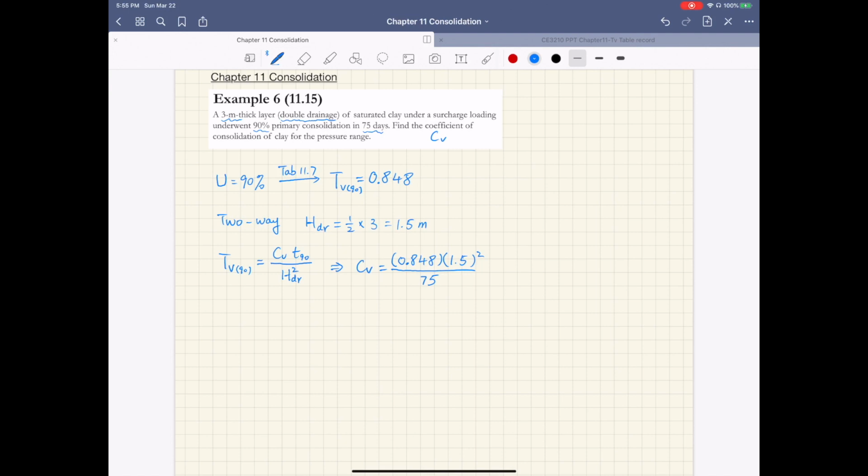If you work out these numbers, you get 0.0254 meters squared per day.